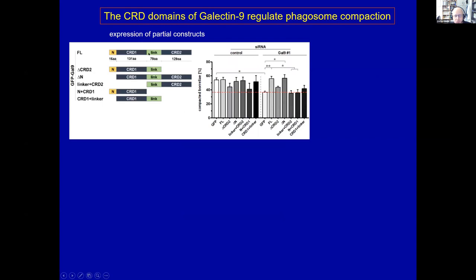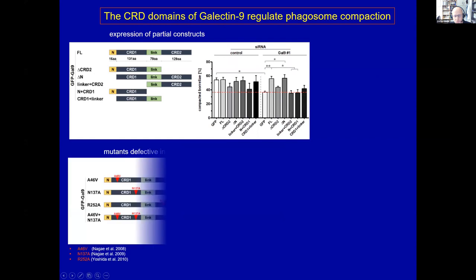Galectin-9 is actually a carbohydrate binding protein, and therefore it has two carbohydrate binding domains, CRD1, CRD2. Matthias deleted all of these, again, just like the assay with the SNCS3, re-expressed as RNA-insensitive constructs, and he could show that both of these CRD1 and CRD2 domains are important for the compaction process.